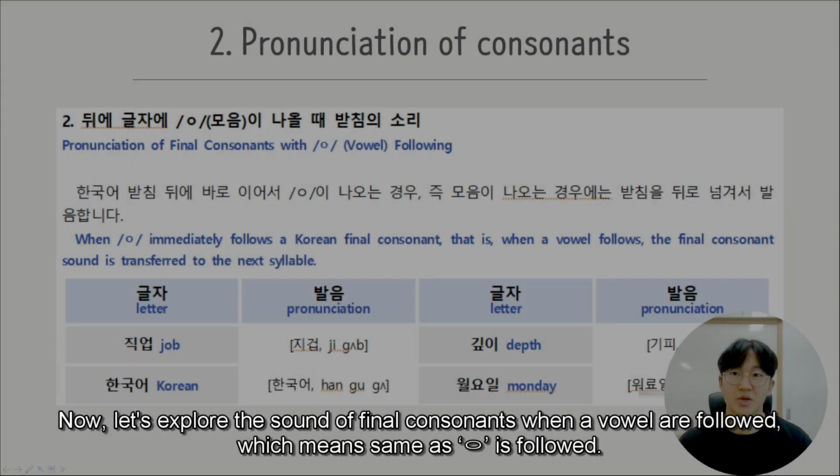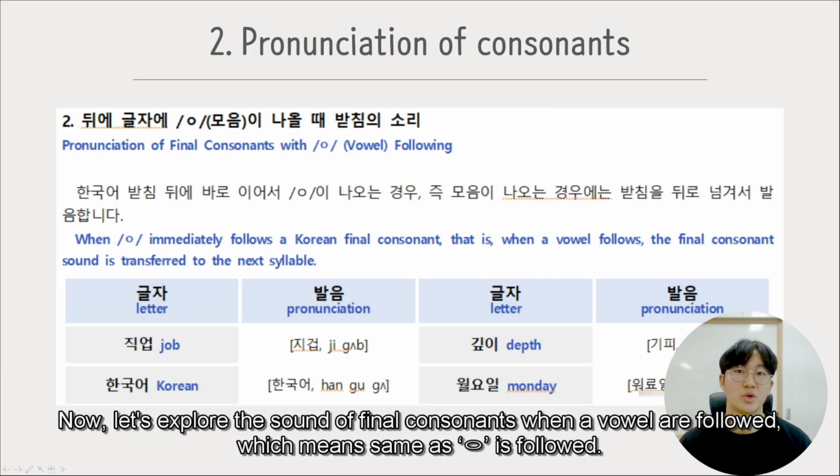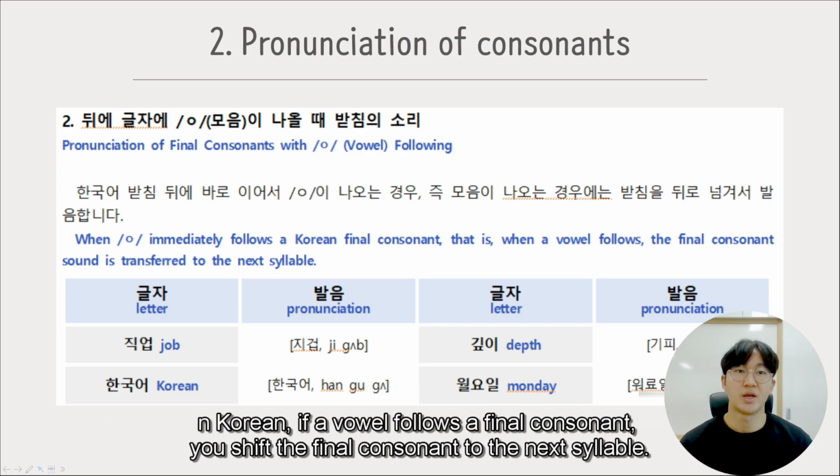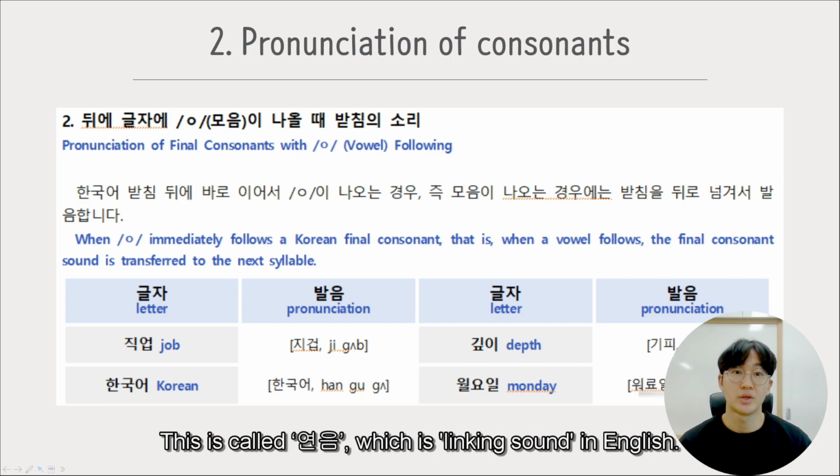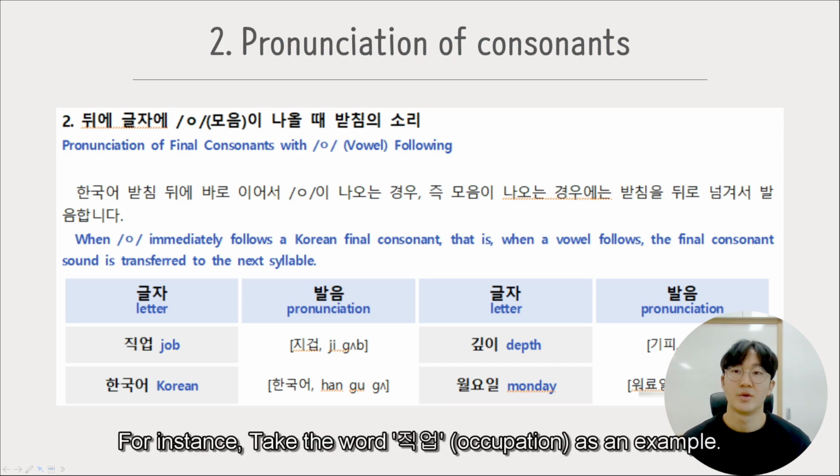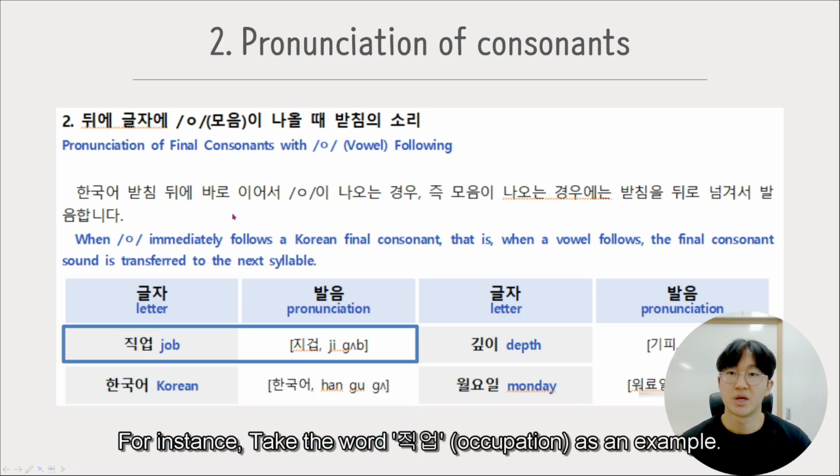Now let's explore the sound of the final consonant when a vowel follows, which means the same as when iung follows. In Korean, if a vowel follows a final consonant, you shift the final consonant to the next syllable. This is called 연음, which is linking sound in English. For instance, take the word 직업 as an example.